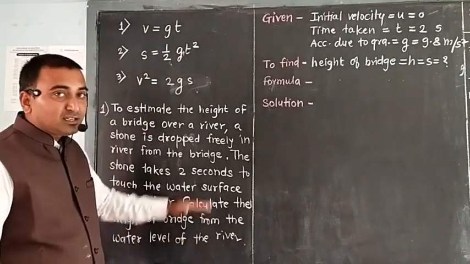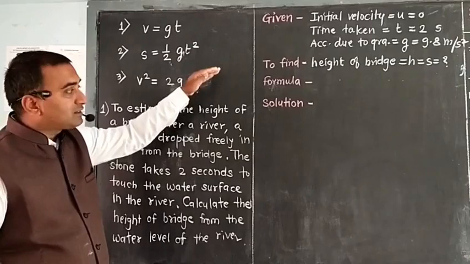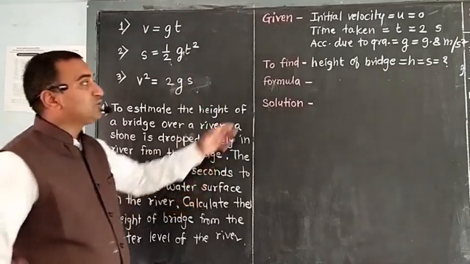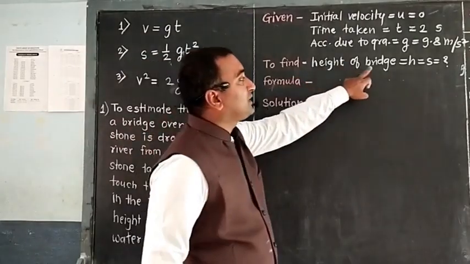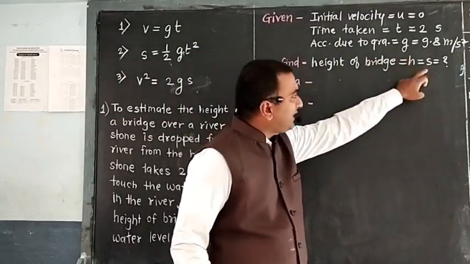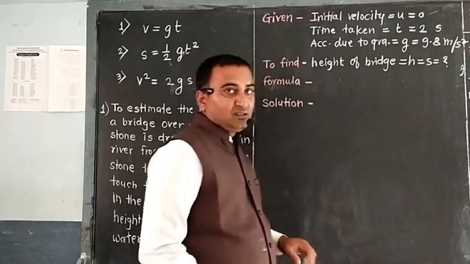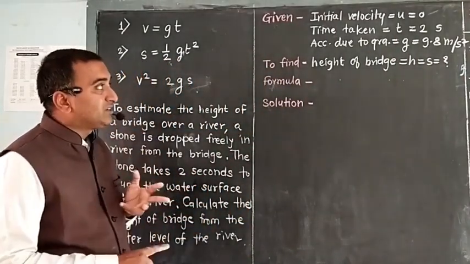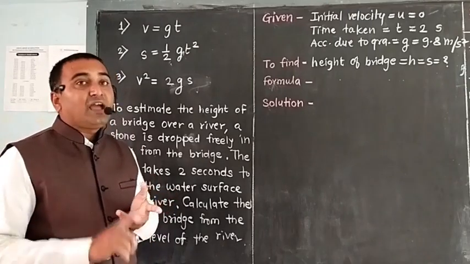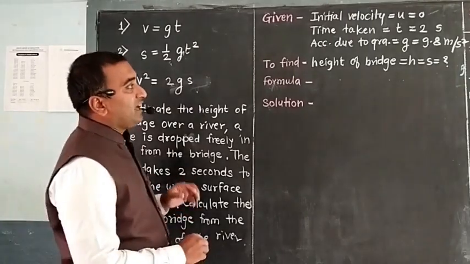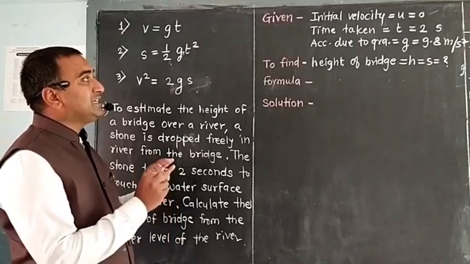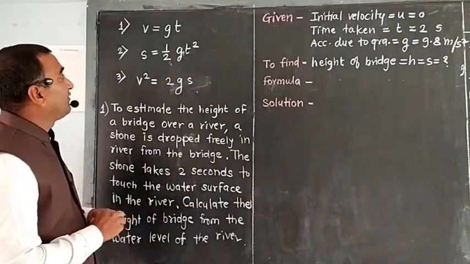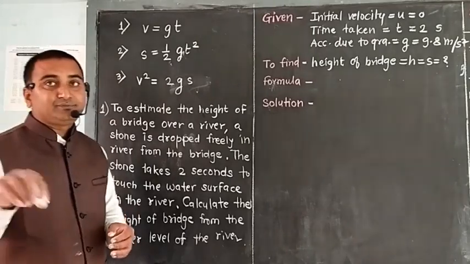The displacement done by, or the distance traveled by, the stone is the height of the bridge, so we consider the height of the bridge h equal to s, and that is to be found. We have u, t and g, and we have to find s. So what formula should we use here?